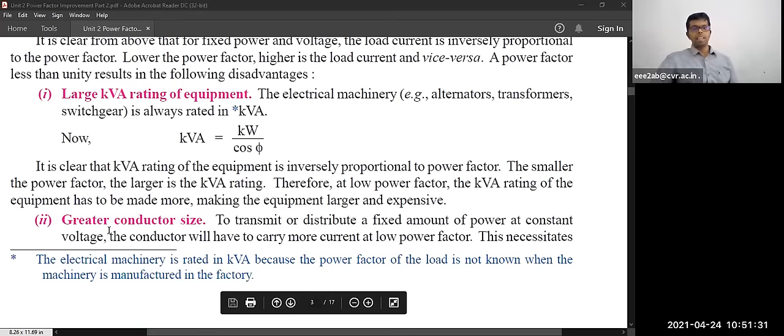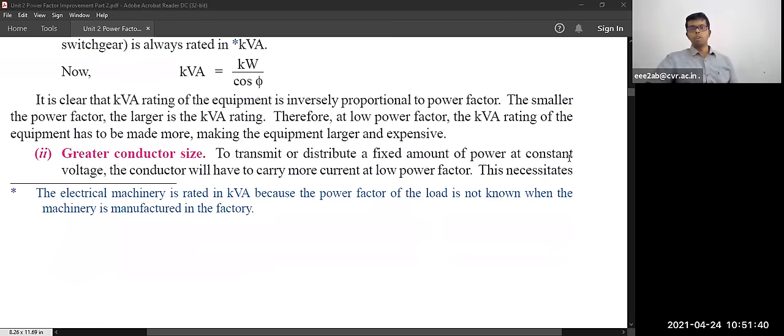So next is the greater conductor size. To transmit or distribute a fixed amount of power at constant voltage, the conductor will have to carry more current at lower power factor. So if you are maintaining a lower power factor, the conductor size will be more.